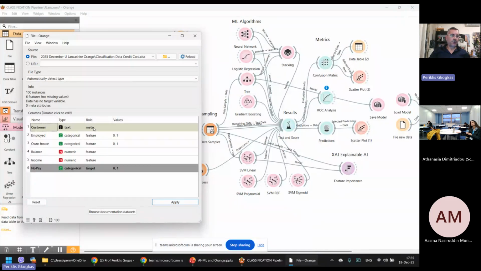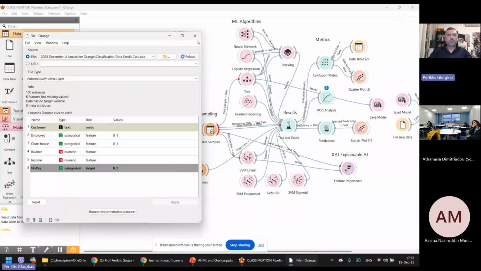Of course, for anonymity, GDPR and all that, we have only the customer's number, not the name or any other identifying information. And so this just distinguishes the different customers. It's not a variable that we can use for forecasting, and this is why it is marked as meta. Okay. So we can differentiate the different customers.